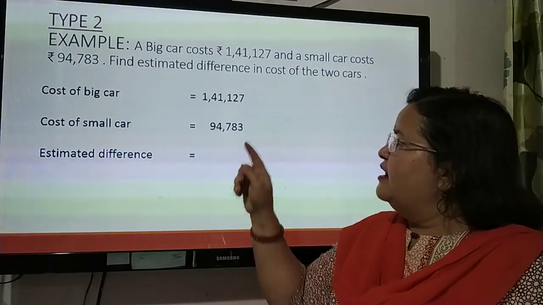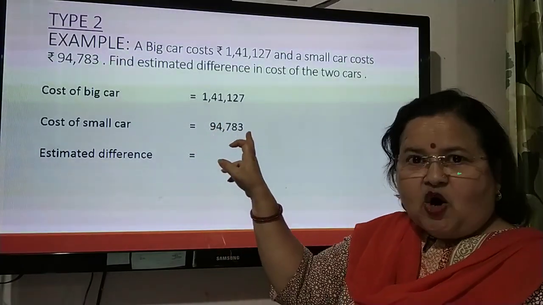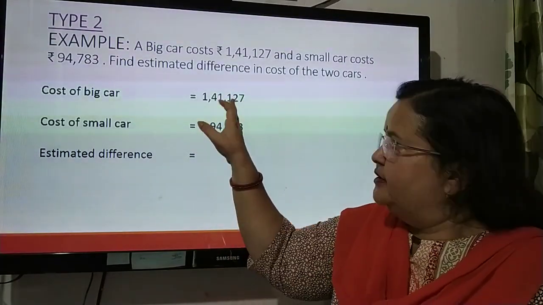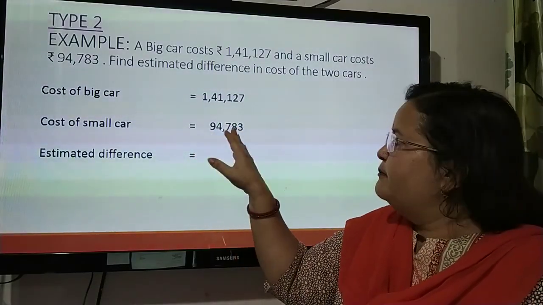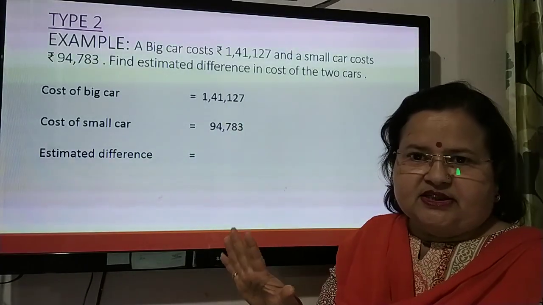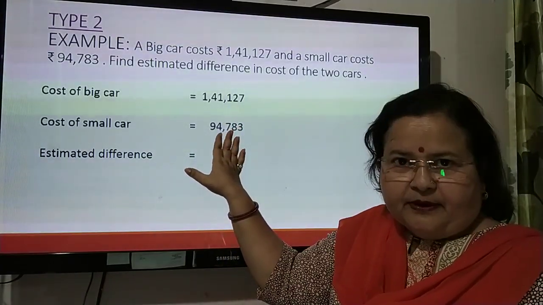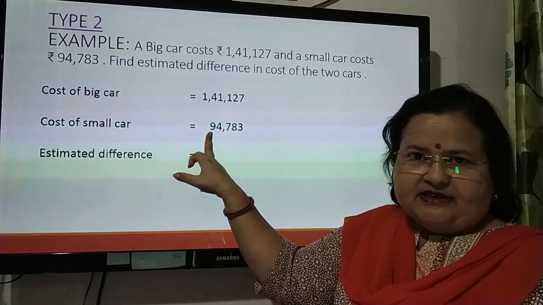It said round off the numbers at the highest place of the smaller number. Out of these two numbers, this is obviously the smaller number because it has only 5 digits, and this one has 6 digits. The highest place of the smaller number is the 10,000s place.